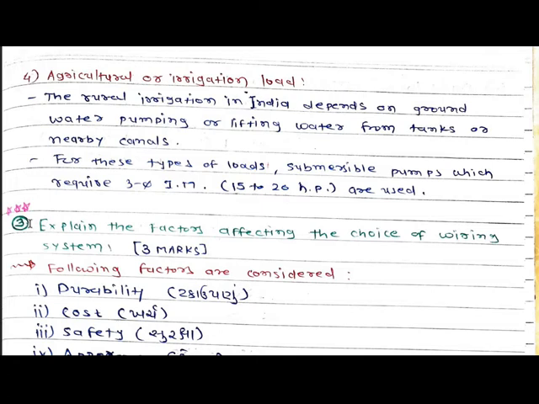So the main sources of agriculture irrigation systems are groundwater pumping and the lifting of water from nearby canals, rivers, etc. For these types of loads, submersible pumps which require three-phase induction motors from 15 to 20 HP are used, and this type of load is called agriculture load or irrigational load, used for the irrigation purpose.